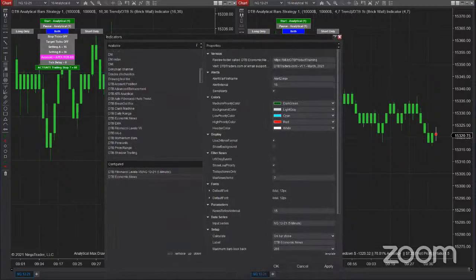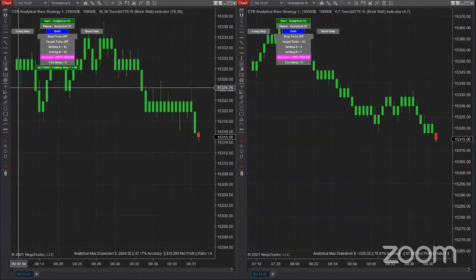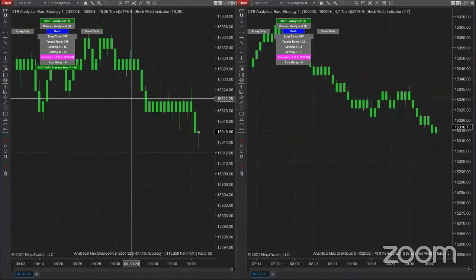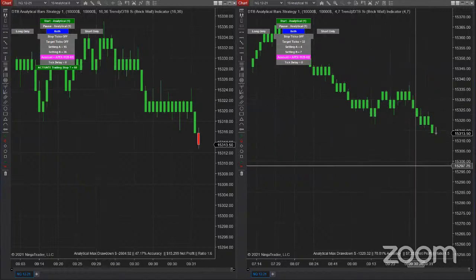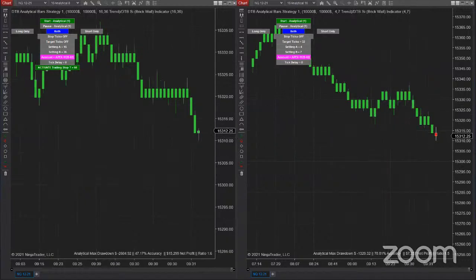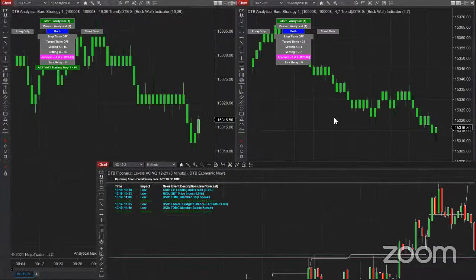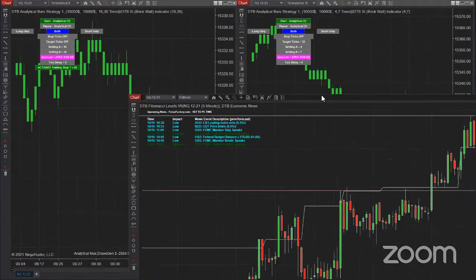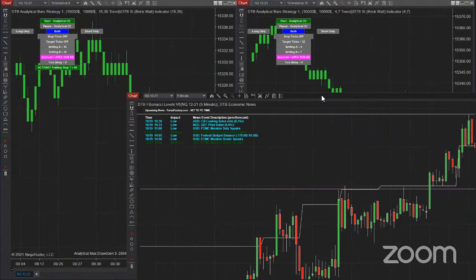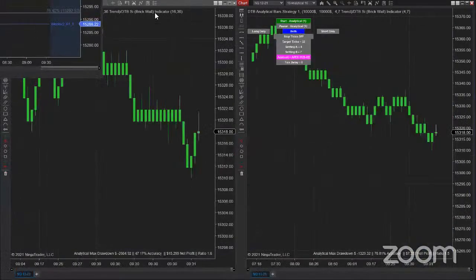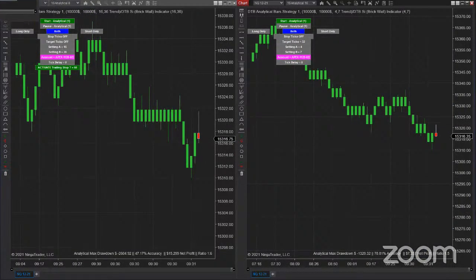I'll pop that on the 5-minute chart, and that's going to show that. There we go, we've got 10:30. Is that right? I thought there was something else. I'll pull that apart for now. Something doesn't look exactly right there.